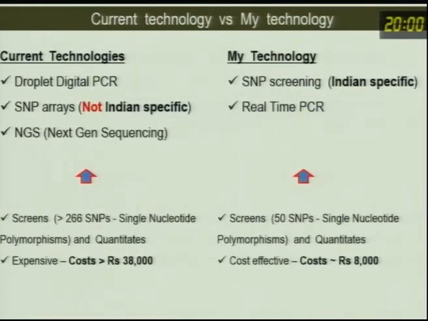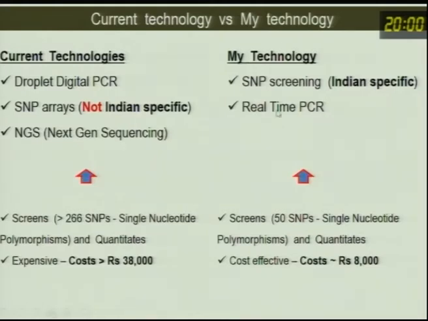If you compare my technology with the current technology, most of the currently available commercial arrays do not cover Indian-specific polymorphisms. I have an array that screens for Indian-specific polymorphisms.